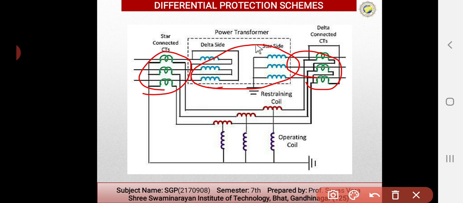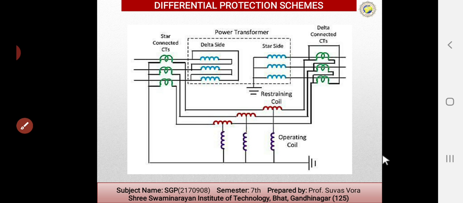Entering current and the leaving current are same, but if the fault is in the internal type, at that time the entering current and the exit currents are different, and at that time the signal will be generated and the signal opens the circuit breakers. So these are the basic protections for the differential protection scheme of transformers.